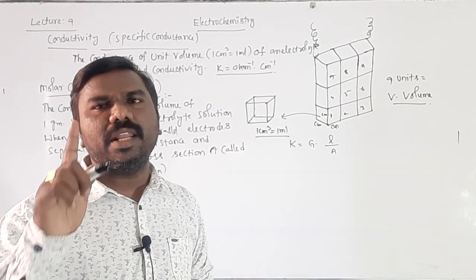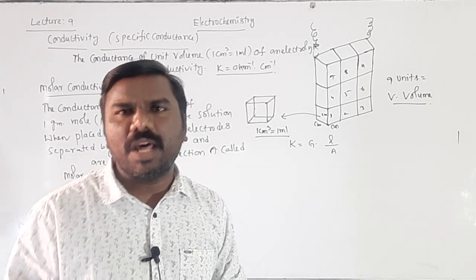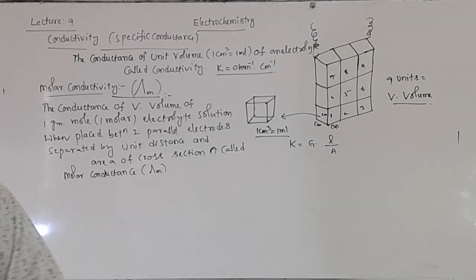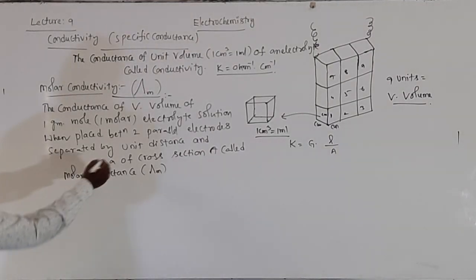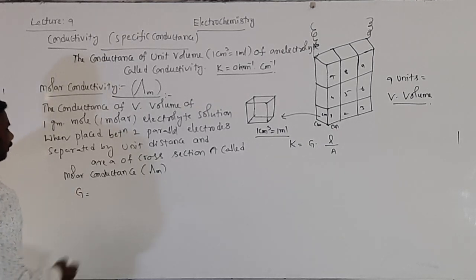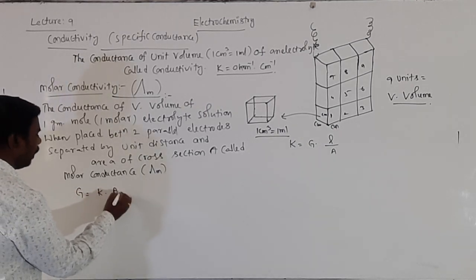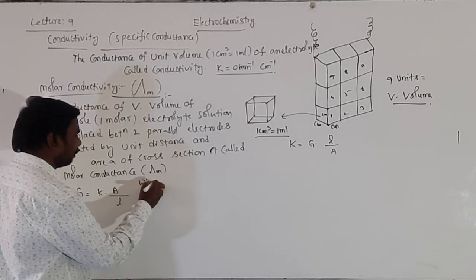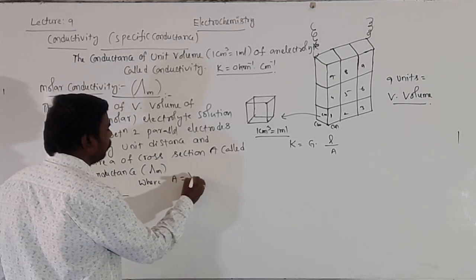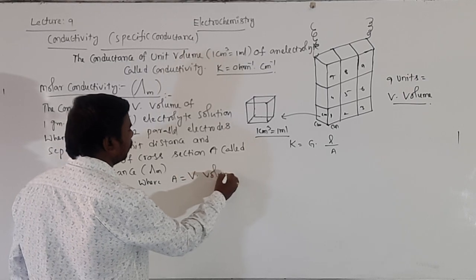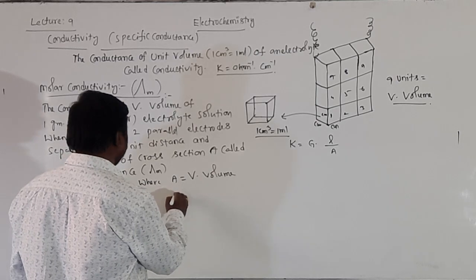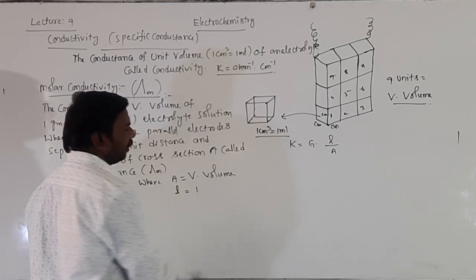Molar means molarity 1. It means some molarity, which will be given in the question itself. Now, you already know the conductance formula, G is equal to K into A by L. Here the area of cross section is equal to V volume, and the length is 1 unit length.